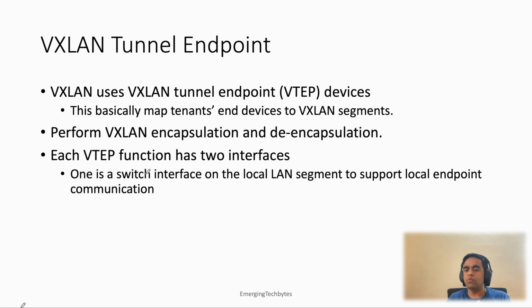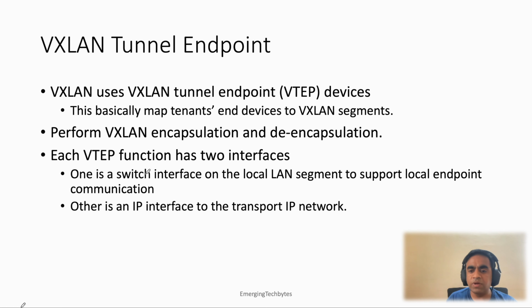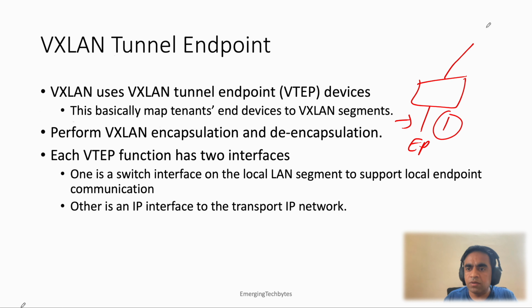One interface is towards the endpoint, which is your legacy, same layer 2 interface, and the other is towards the IP transport, where your encapsulated packet travels. So this one towards the endpoint is side number 1, and when the packet goes here, this is side number 2. Here it is encapsulated IP packets. I hope this point is clear.